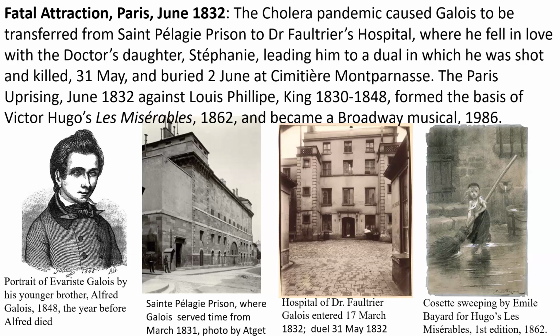So here we see, this is a portrait of a drawing of Galois that was done in 1848 by Galois' younger brother, who loved him very much. And it was Galois' brother who found him right after he had been shot.